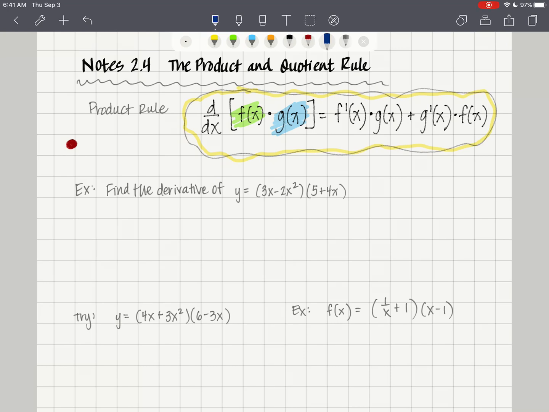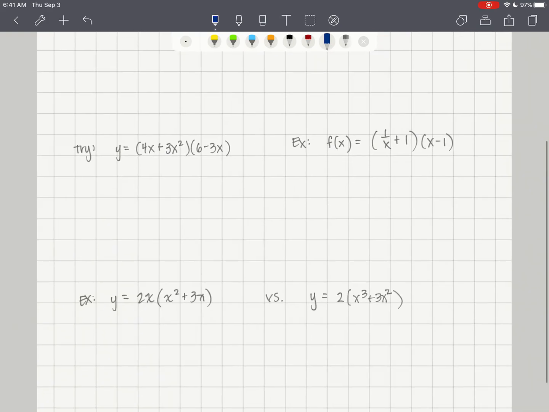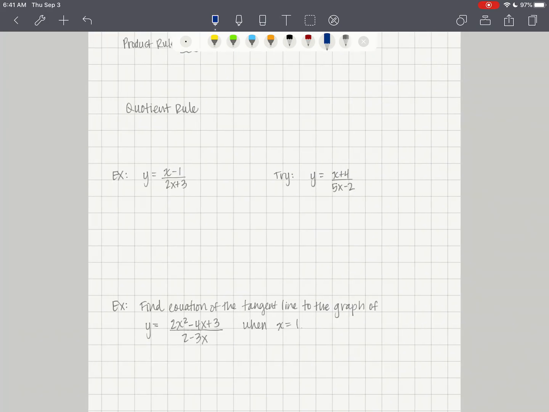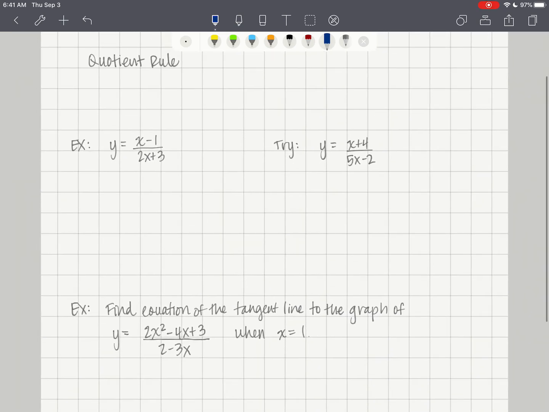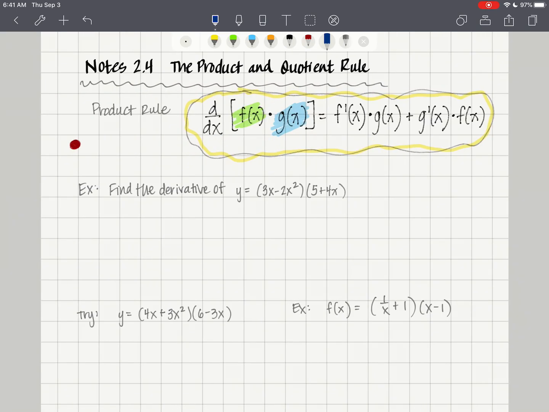So here we have the derivative of y equals 3x minus 2x squared times the quantity 5 plus 4x. You might be thinking, why can't I just multiply this out? They're two binomials. I can do that pretty quickly. And yes, you can in this case, but you're going to see some other problems, well, we're going to have our quotient rule, of course, as well, where it's not going to be as easy to do that because we're going to be talking about rational exponents, which are radicals.